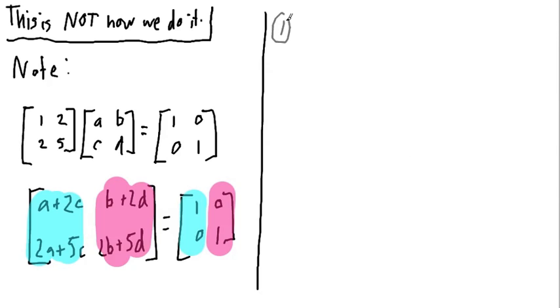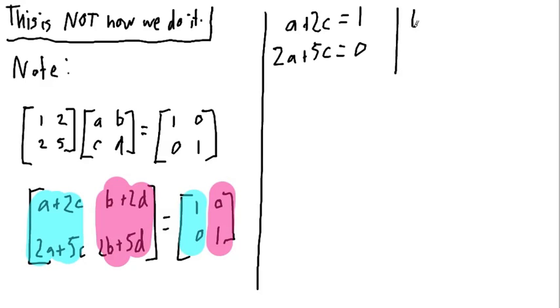The first system, from these first two rows, I get that A plus 2C, for it to be equal to the identity matrix, has to be equal to 1, and 2A plus 5C is equal to 0. The other one we get is that B plus 2D is equal to 0, and 2B plus 5D is equal to 1.